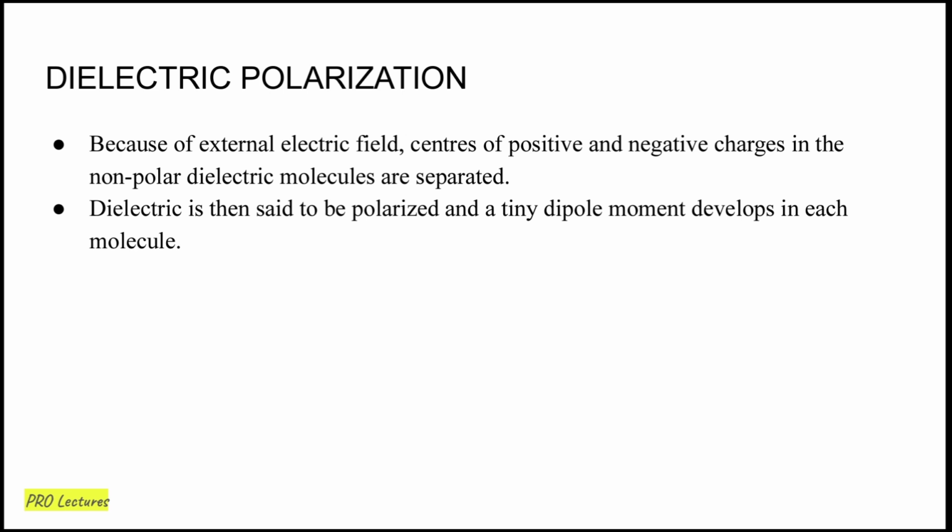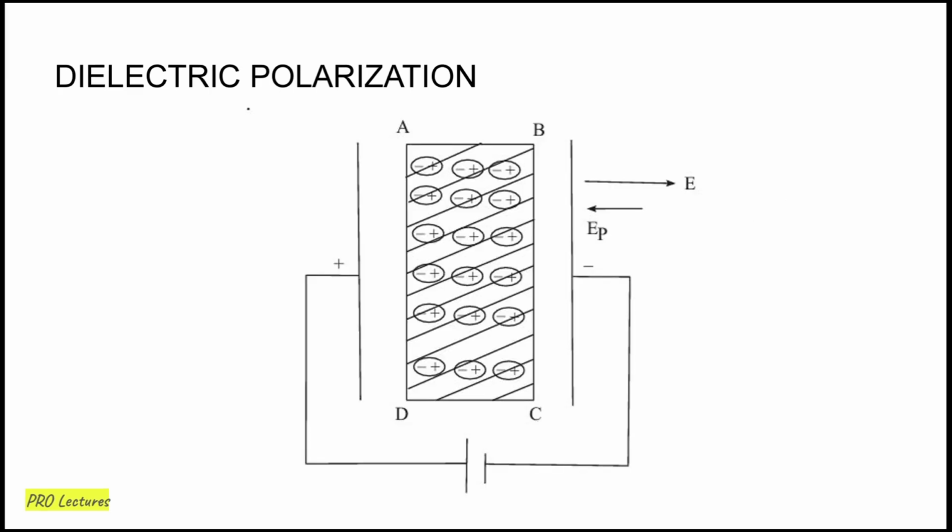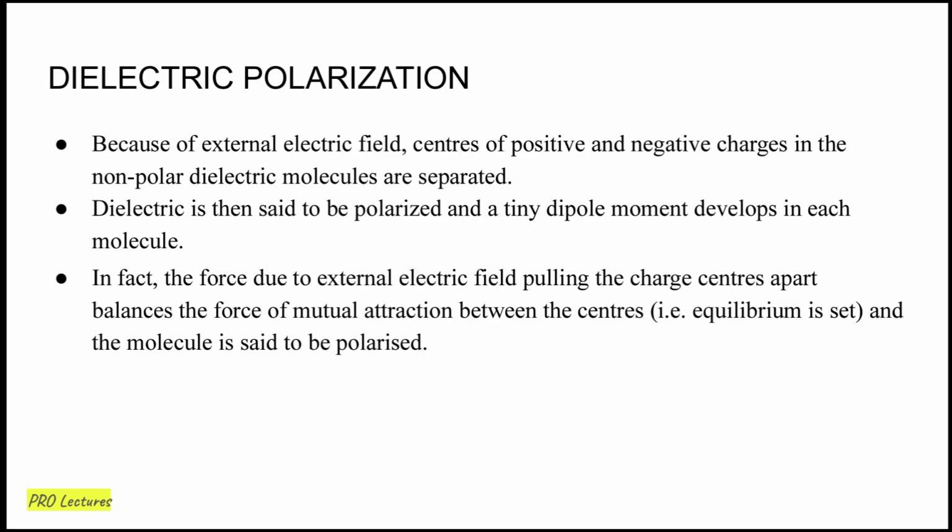As a result, a tiny dipole moment develops in each molecule. In fact, the force due to the external electric field pulling the charge centers apart balances the force of mutual attraction between the charges. So the equilibrium is set. Then the molecule is said to be polarized.